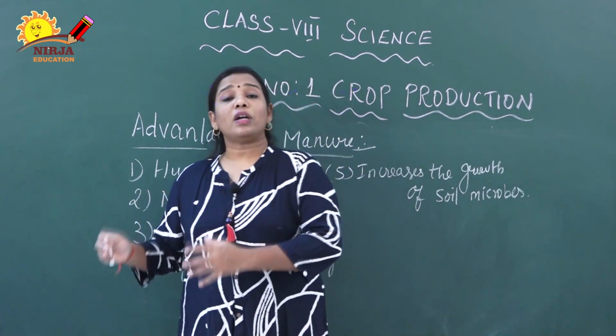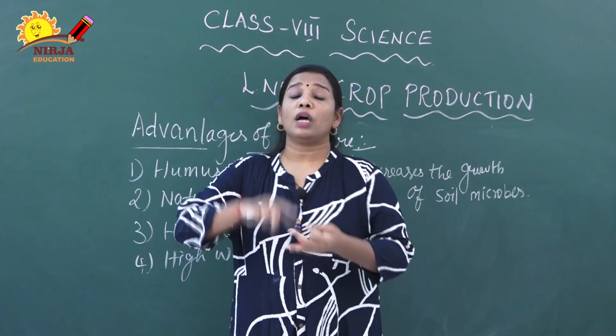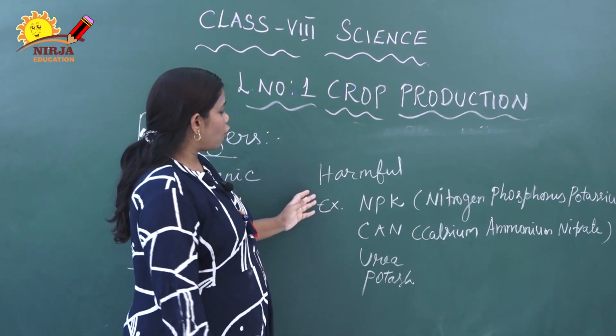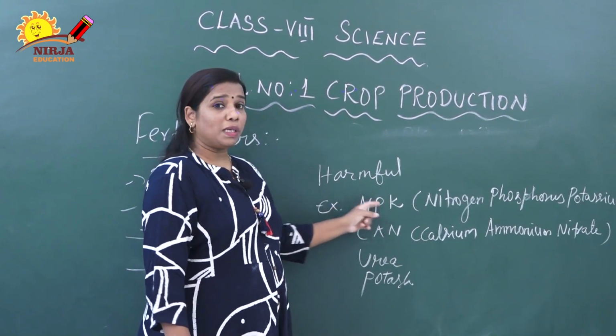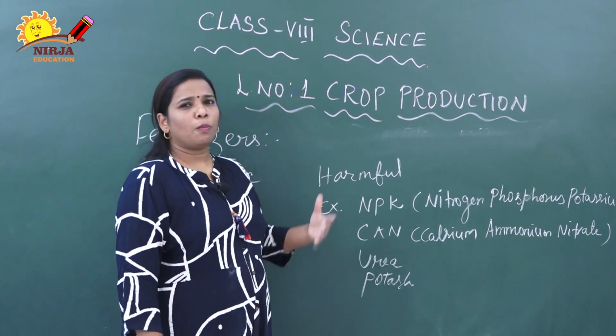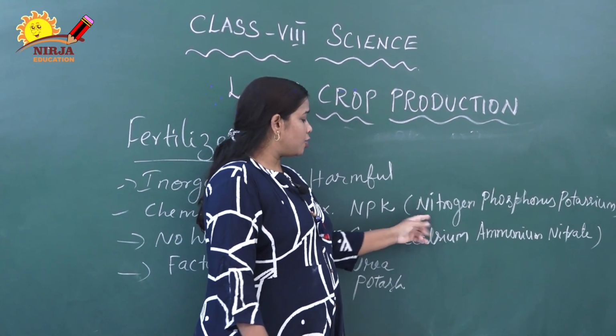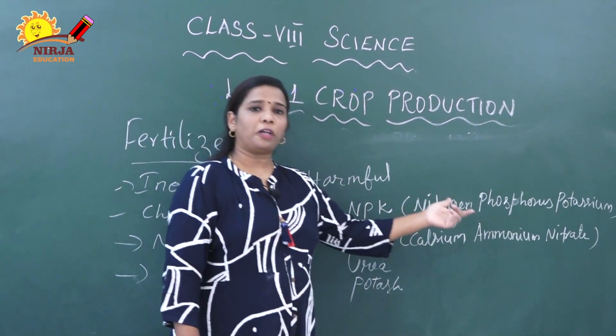Next, what are examples of manure? Farmyard manure, compost manure and green manure. Examples of fertilizers are NPK, CAN, urea, potash, potassium nitrate, etc. NPK means N for nitrogen, P for phosphorus, K for potassium.